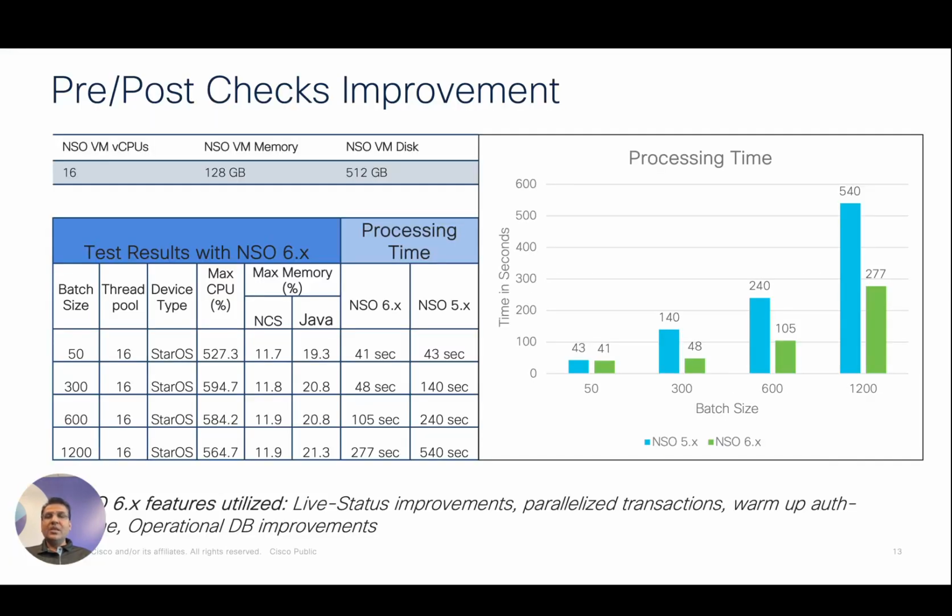These test results may vary based on the given environment and the use cases, but in summary, we are getting almost 40 to 80% performance improvement, and the resource utilization is also very optimal.